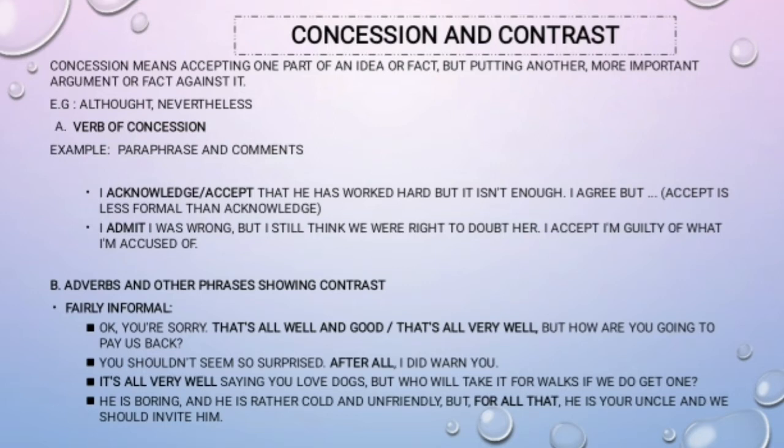Jadi, conjunction merupakan salah satu adverb phrase atau klausa keterangan yang digunakan untuk menyatakan atau menunjukkan adanya pertentangan atau contrary, di mana di antara dua kejadian atau lebih terdapat hubungan yang saling terkait. The words that are usually used in conjunction are although and nevertheless.